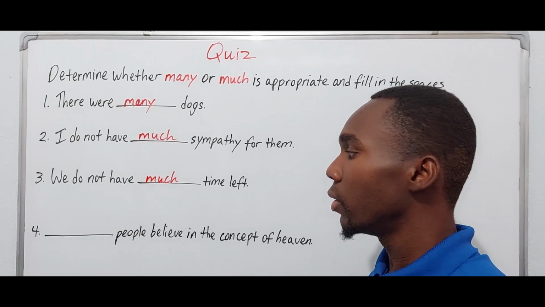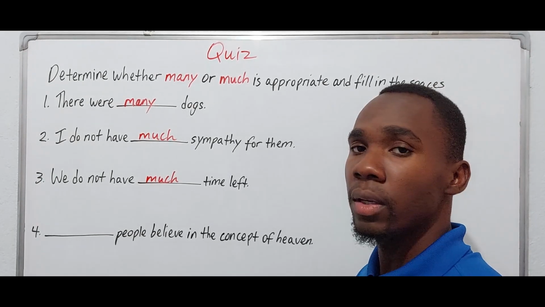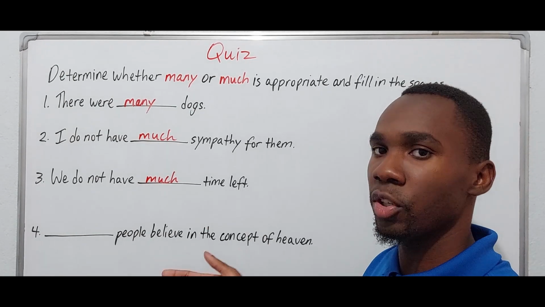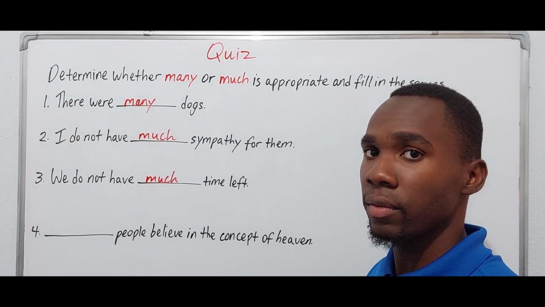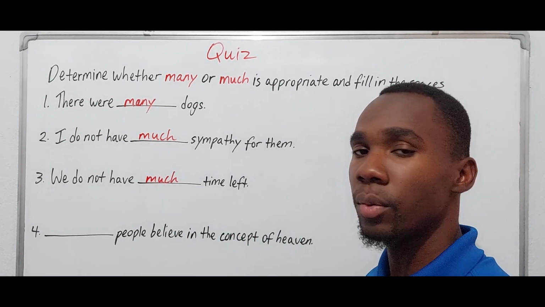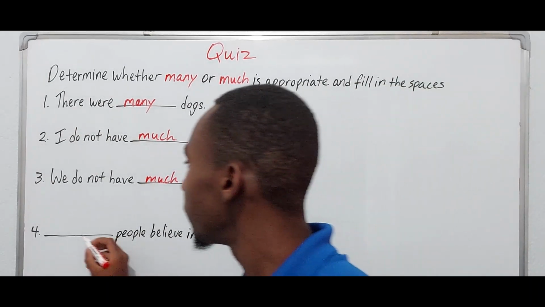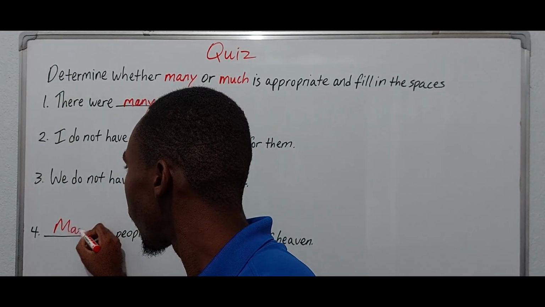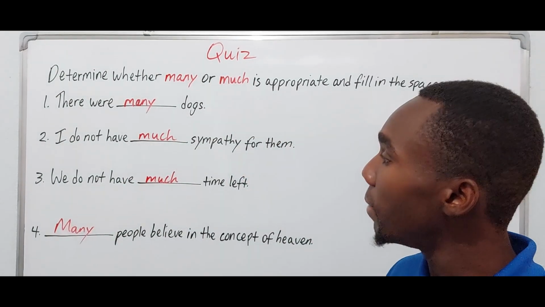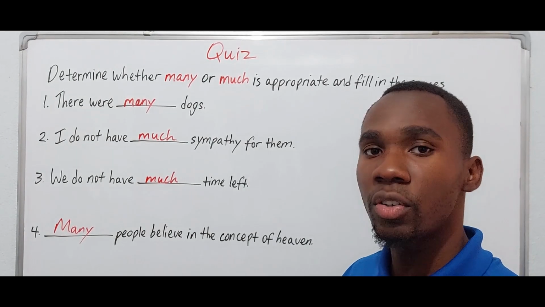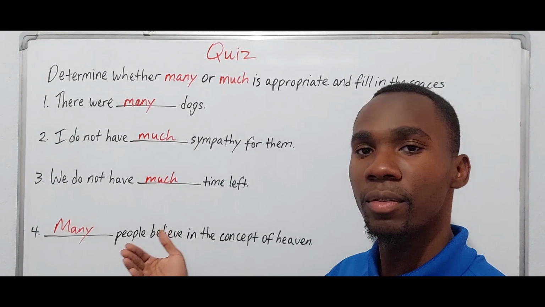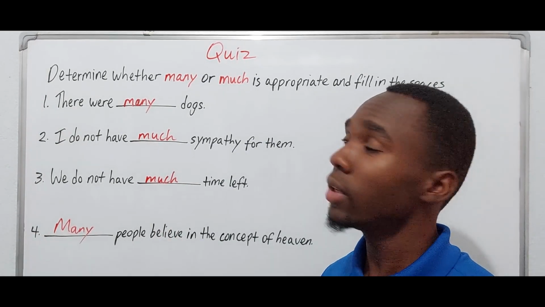People would be plural, and if we want to make people singular, we would say a person, right? So the answer for 4 would be many. Okay, so as you see, many is going to be used with plural countable nouns and much is going to be used with singular uncountable nouns.